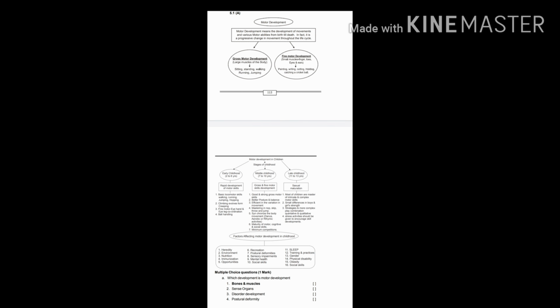If somebody wants to join swimming or gymnastics, this is the perfect age for trainers or parents who want their child to become a gymnast or swimmer.